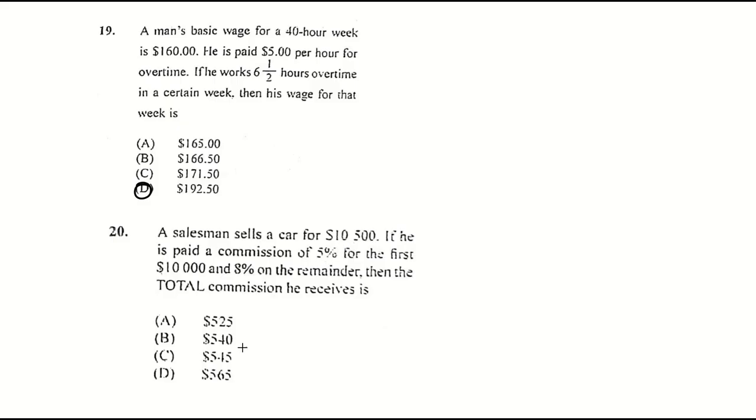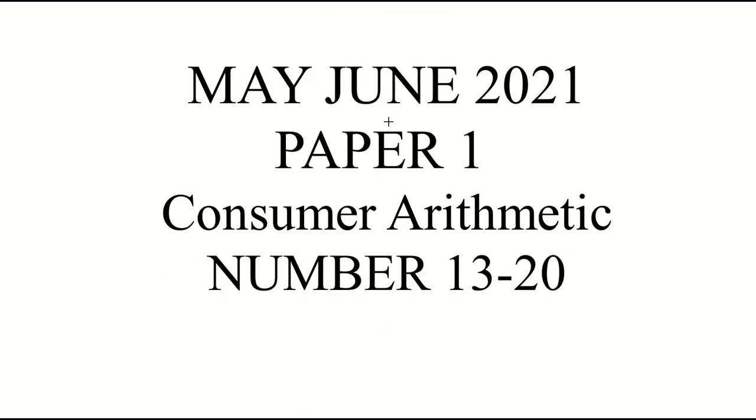The 5% of 1,000 was 500, and then we had to find 8% of 500, which was 40, so it was 540. That was a repeated question, and that would be the end of January 2022. Let's go to May, June 2021.